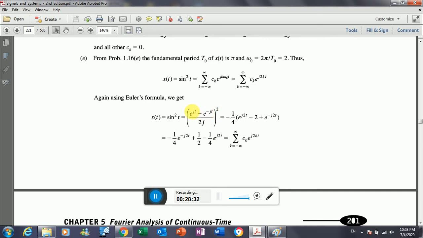So just we need to apply Euler's identity and then take the square. So square of 2j is equal to minus 4, and then this formula is a plus b whole square. We will obtain this equation after squaring this identity.